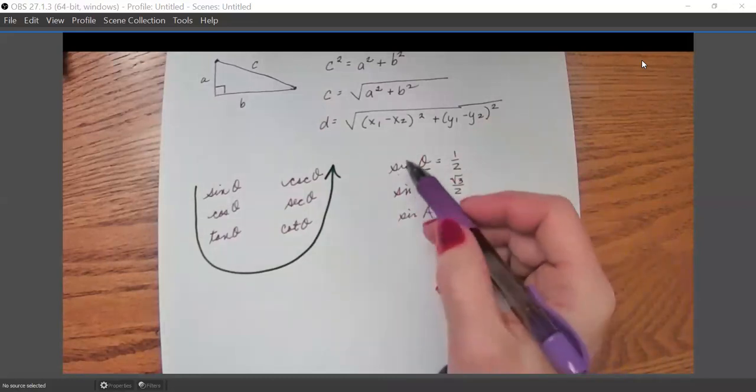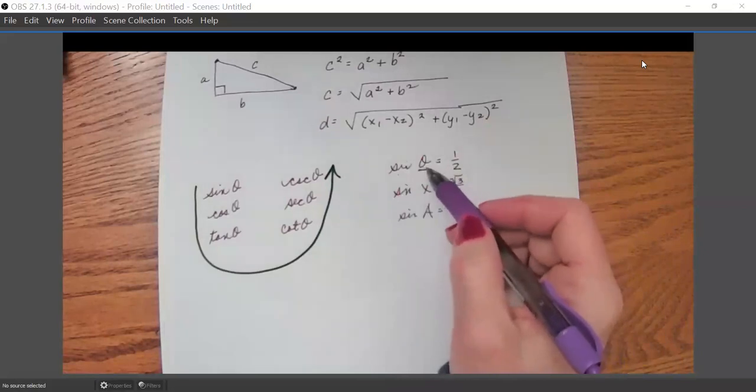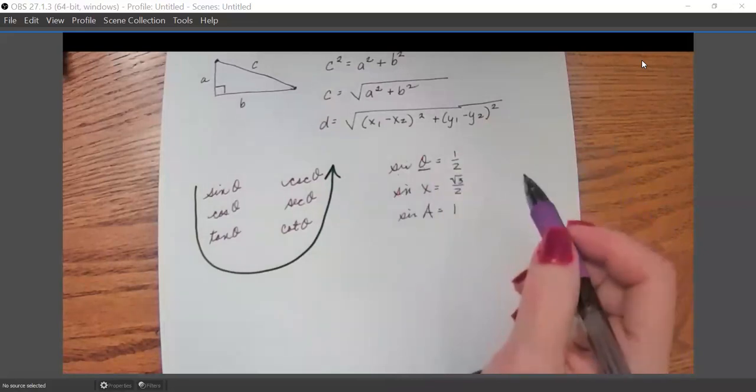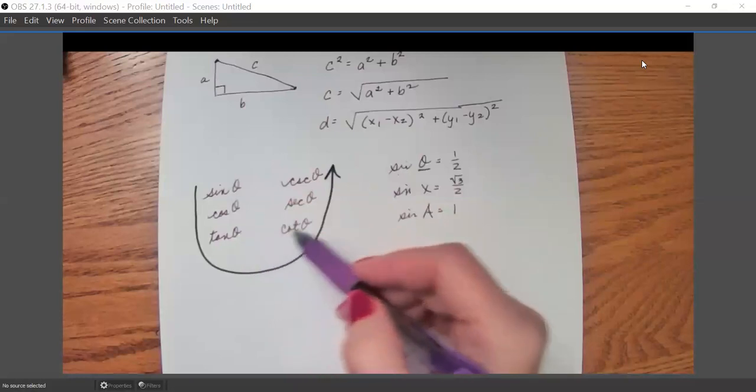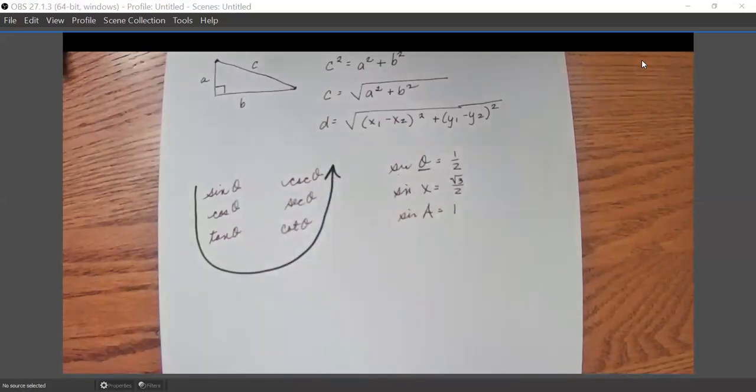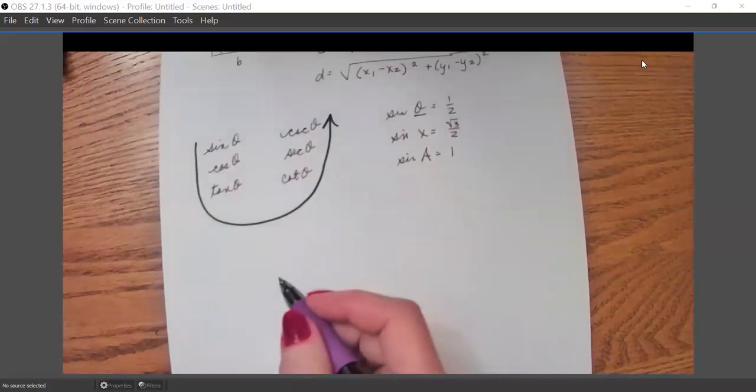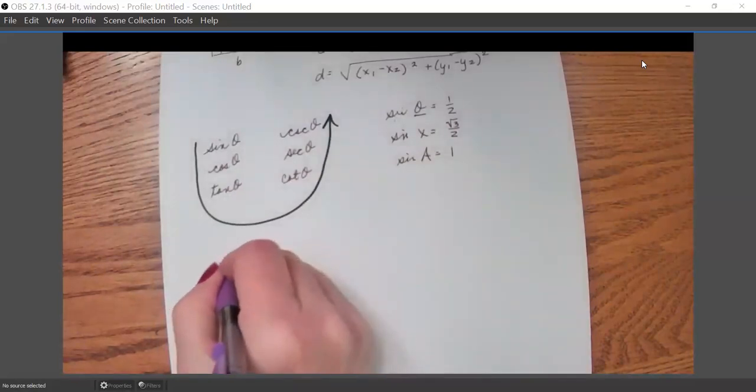So I never want to see a trig function without being followed by an angle notation. So we've got sine, cosine, tan, cotan, secant, cosecant. Let me go ahead and write it again. You're going to write it hundreds of times in this course.